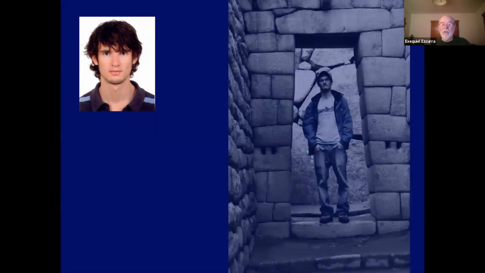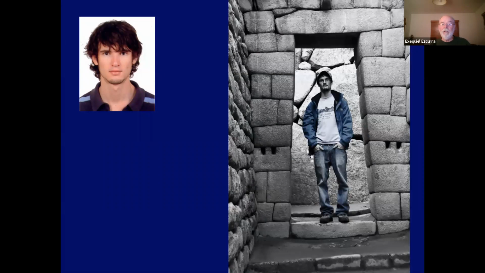He became very much in love with the history of vegetation in large ecosystems, and he traveled the world. There's a photo of him in Peru, in Machu Picchu. Once he finished his bachelor's degree in the University of Mexico, he got a grant to do his PhD in the University of London in England.